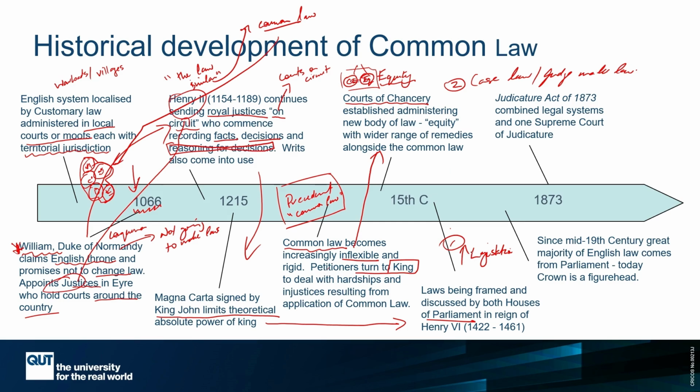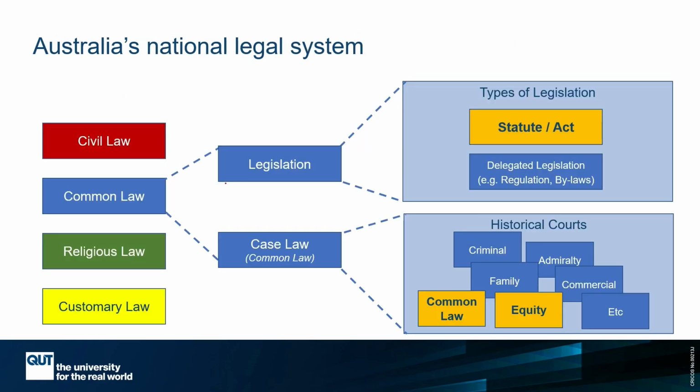But we still have this legislature where Parliament exercises the power of the Crown, and we have the combined legal systems in place. So if we flip back to a slide before, this explains how we ended up with two sources of law, legislation and case law, and also how we ended up with these historical courts in these different areas of law.